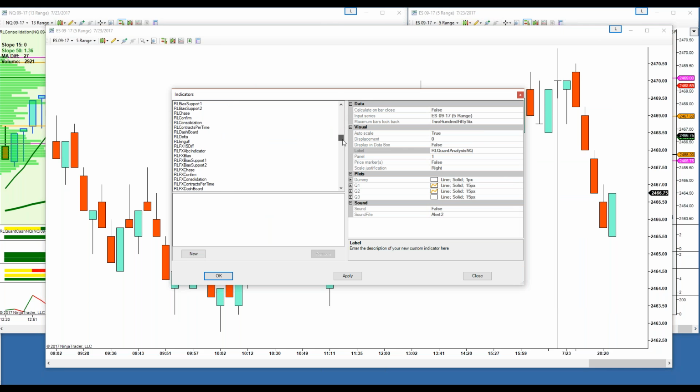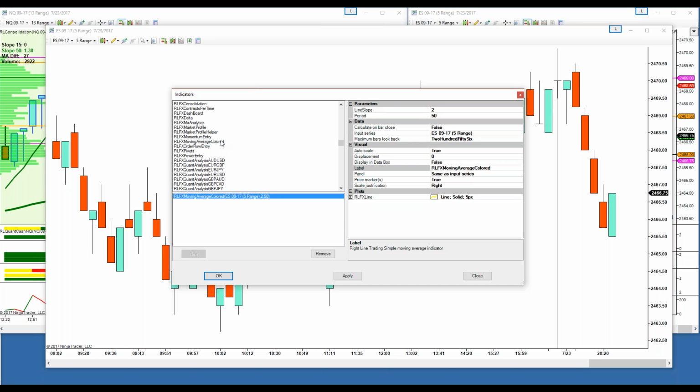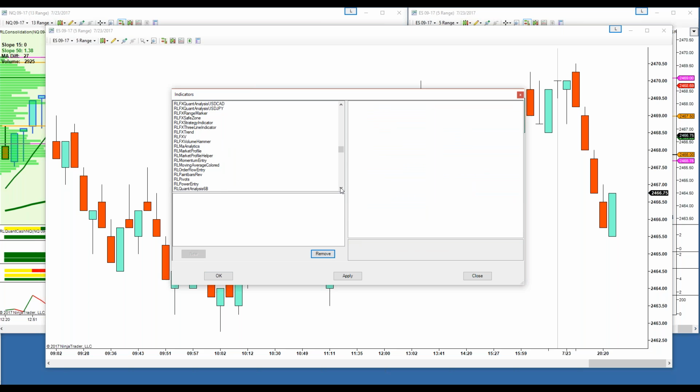The first indicator I'm going to put in is our moving average colored, and let me just remove that. That's a Forex indicator, but we have a futures equivalent.